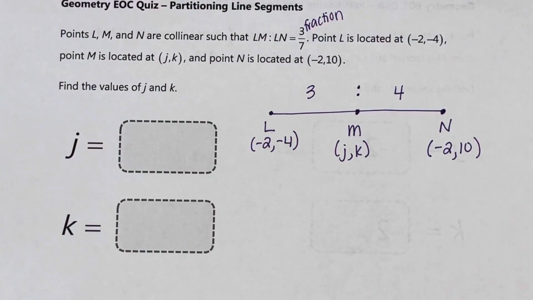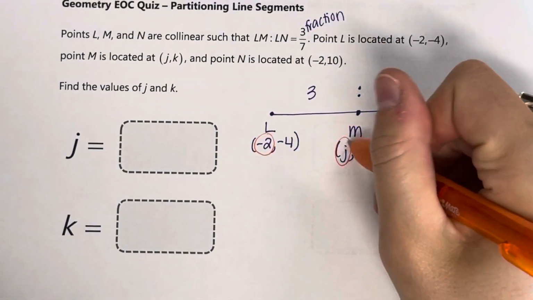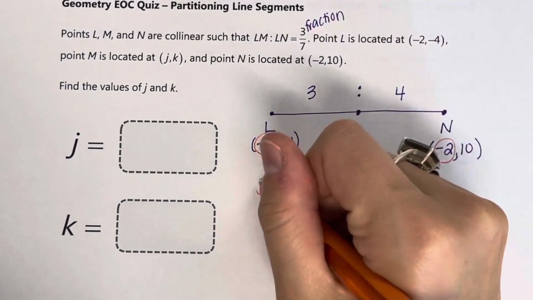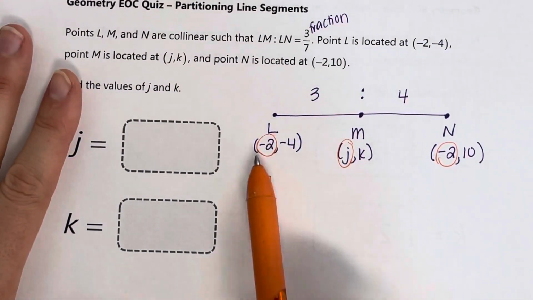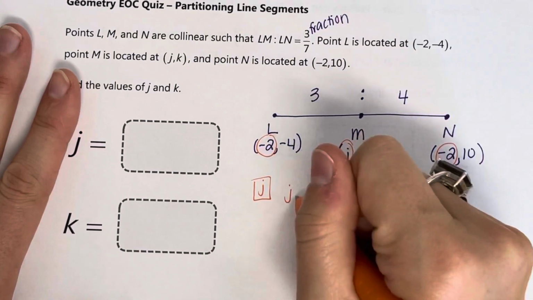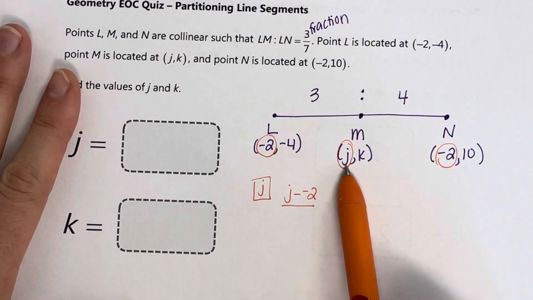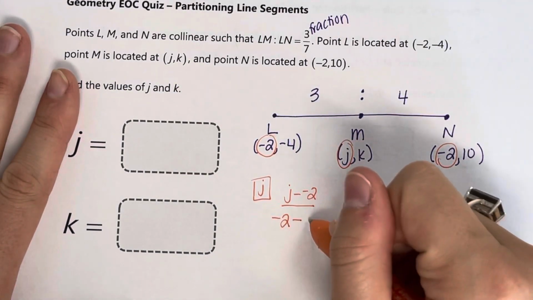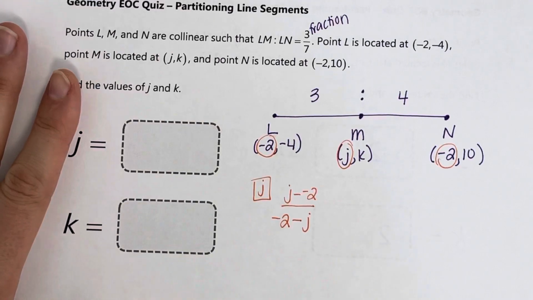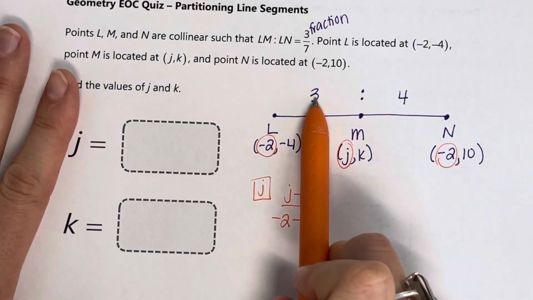So I'm starting with the J's. My order is middle minus first, so J minus -2, over last minus middle, -2 minus J, and then equals my ratio, which is 3 to 4.